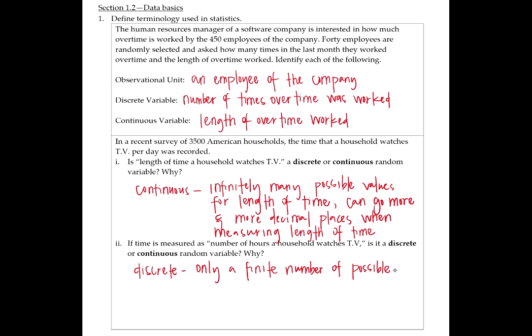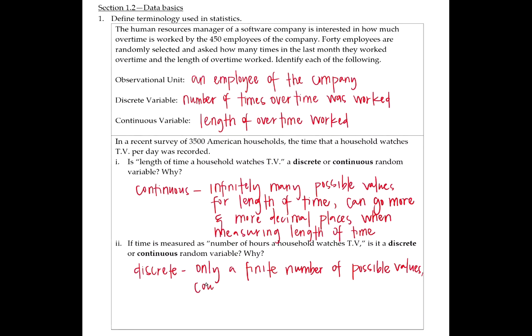We're talking about hours per day. So you could watch 0 hours or 1 hour or 2 hours up to 24 hours. But since we're counting the number of hours, there are just a finite number of possible values.